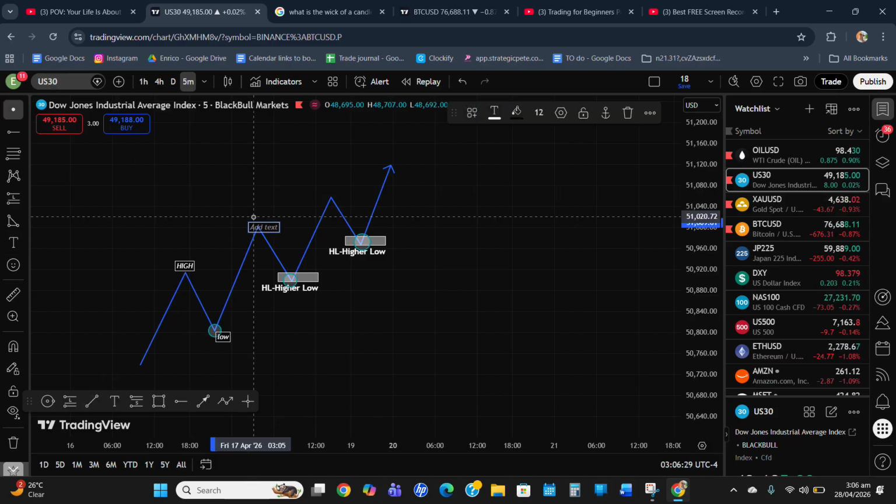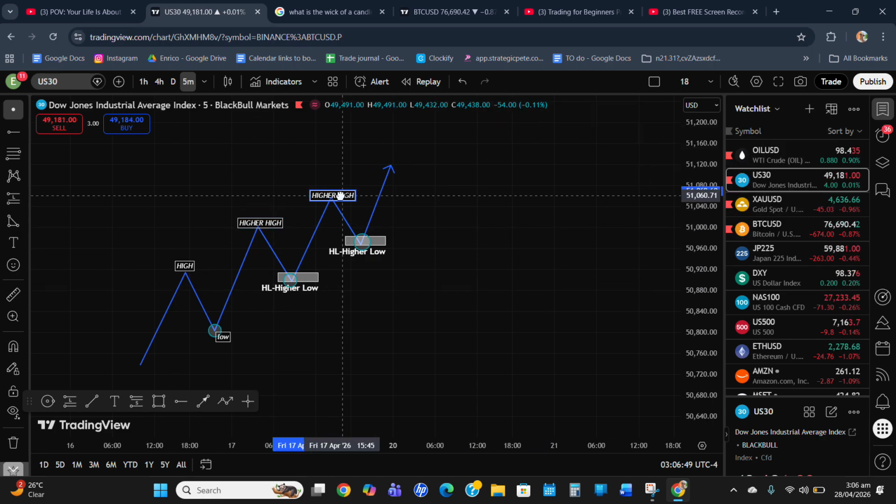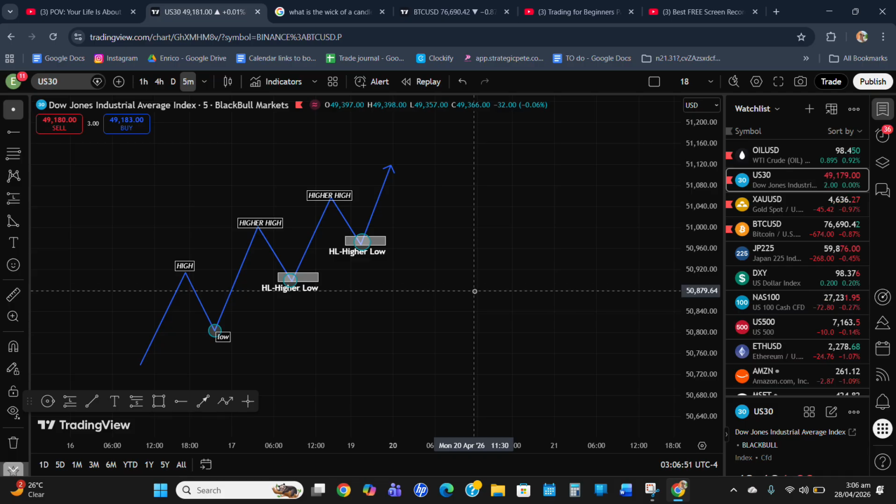This is also a high in the market, but this one is a higher high, right? I can just, there we go. So this is a higher high. This is also a higher high, right?